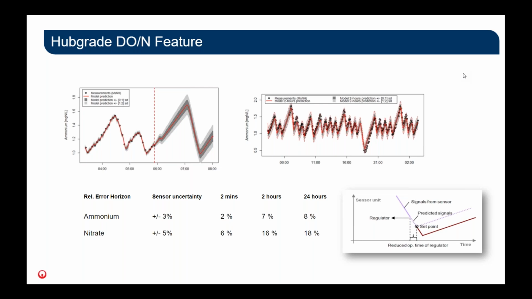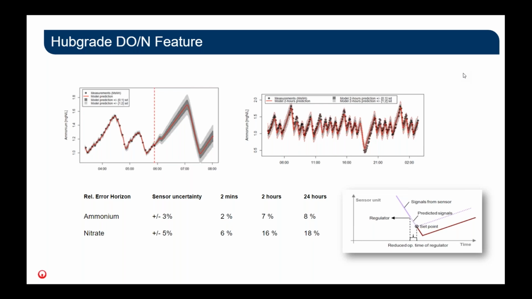So another advantage of having a digital twin where you establish a long history, and you can see how different conditions produce certain variables and how these variables change over time, is that you can predict pretty well if the reading that you're getting from a particular probe or analyzer is not where it should be.